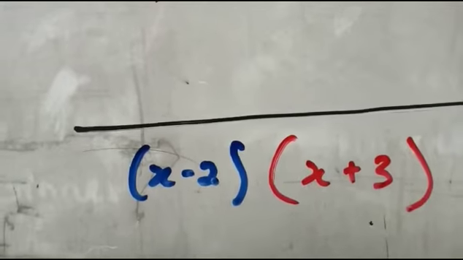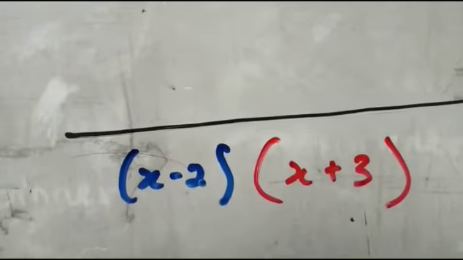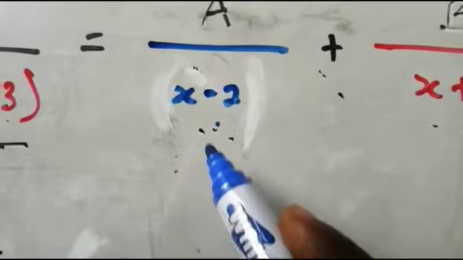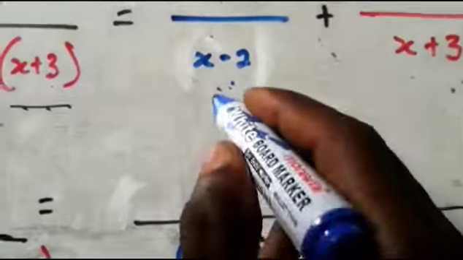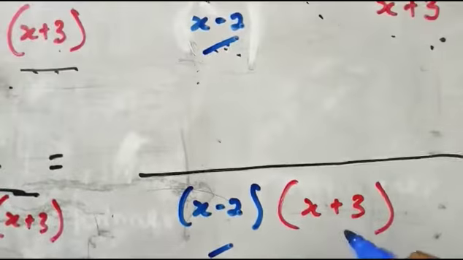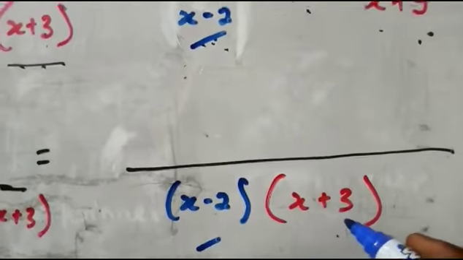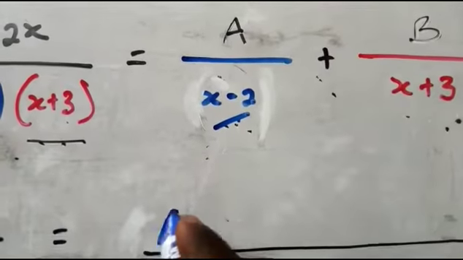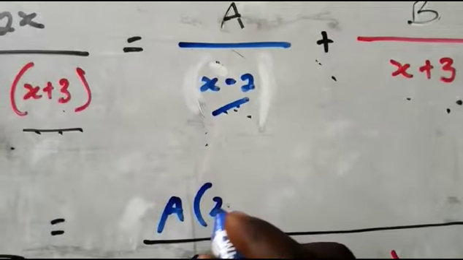So what do you do with the LCM? You check how many times each denominator can go into the LCM. This one will cancel, so we are left with s plus 3, multiplied by the top one. So you get a into brackets of s plus 3.